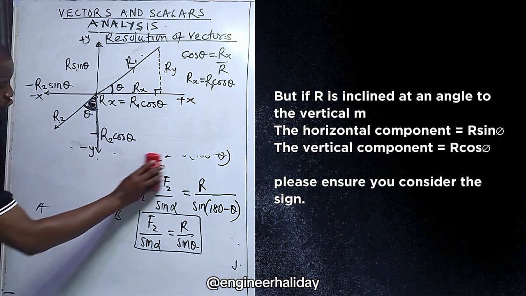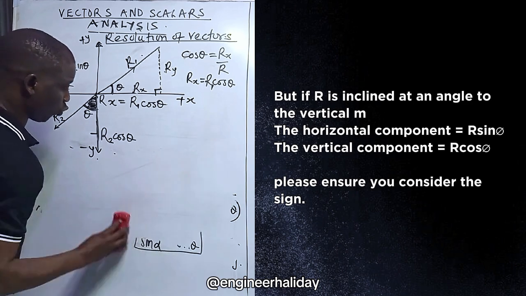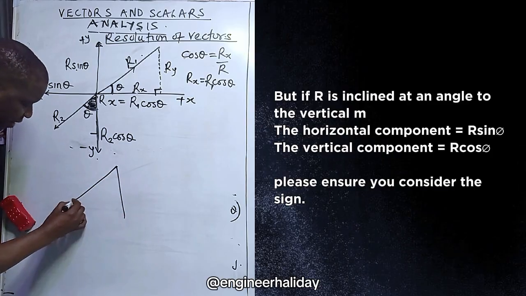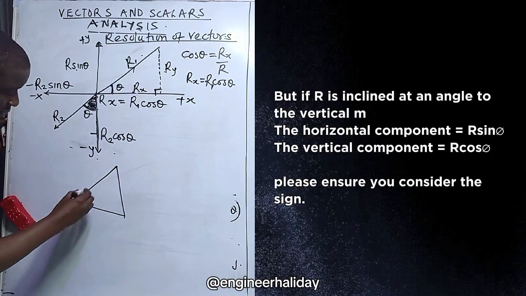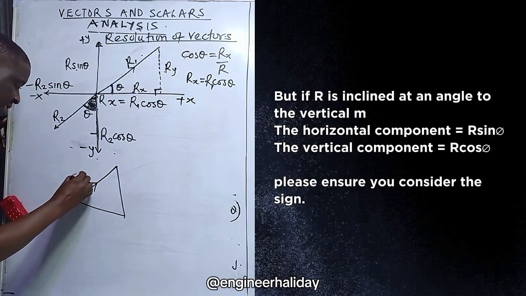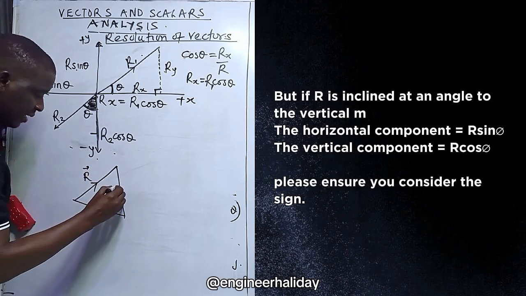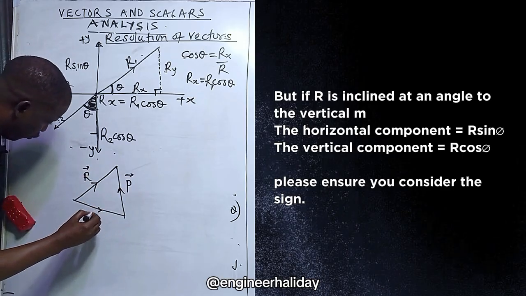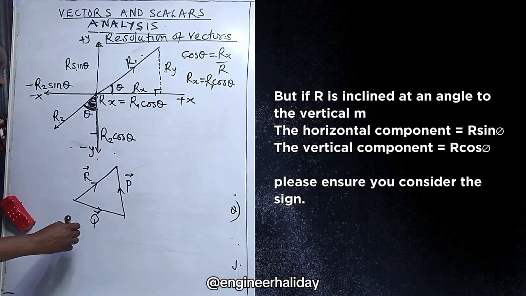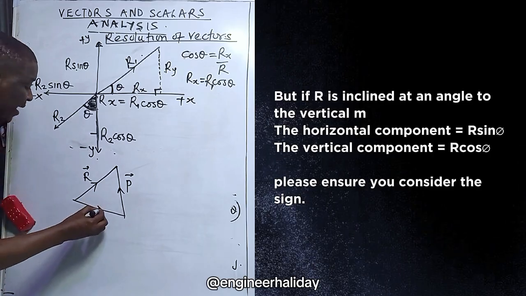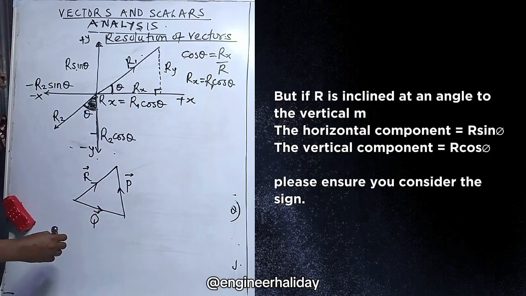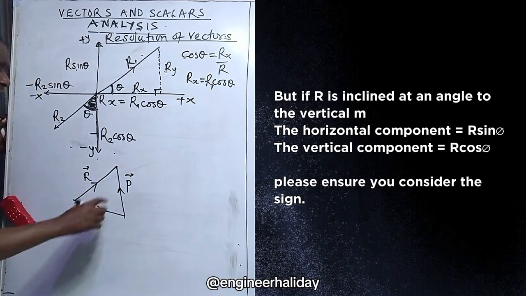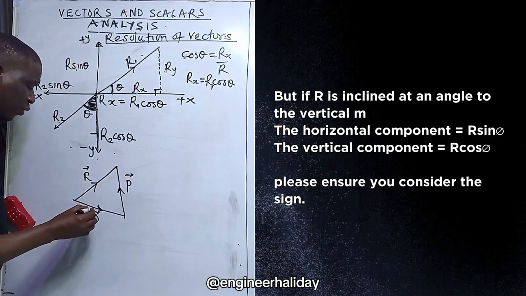Another thing again you have to know, lastly, before I go into question, is this one. If I give you a diagram like this, a triangular vector, something like this, I call this arrow R. Let's call this one P. Let's call this one Q, for instance. Now look at the arrow. When two vectors are moving in the same direction, what do you do? You add. We have done that before. Now, how do you know when two vectors are moving in the same direction?